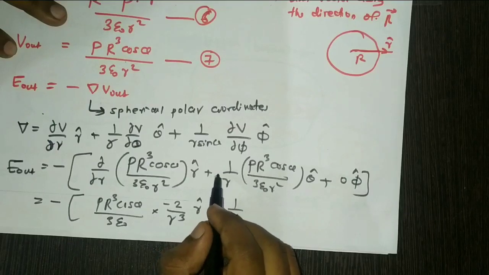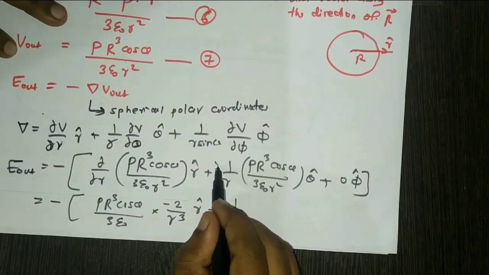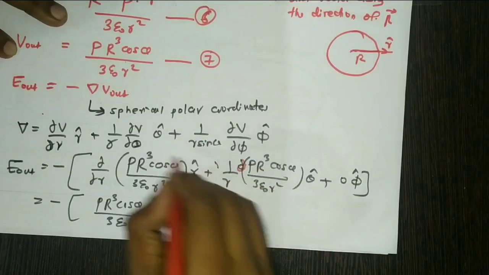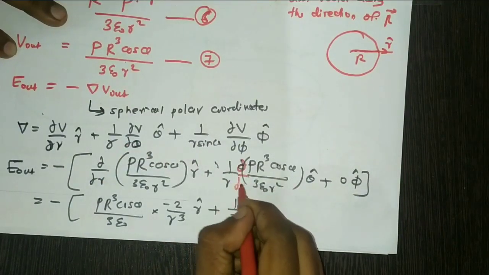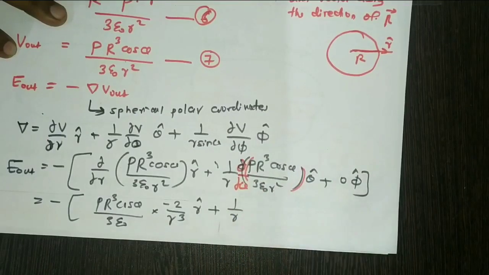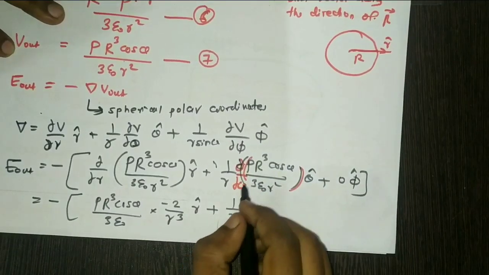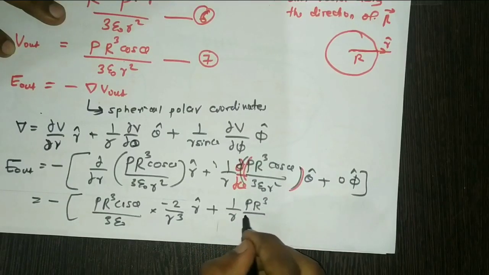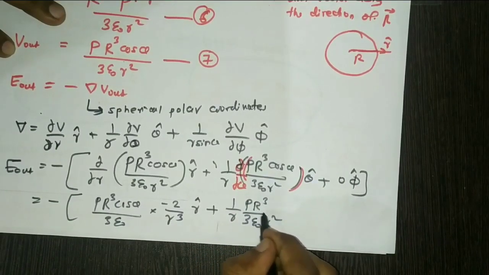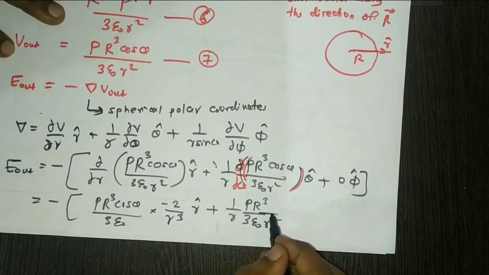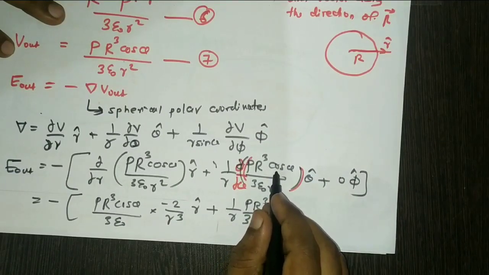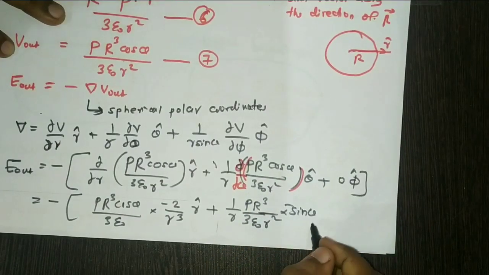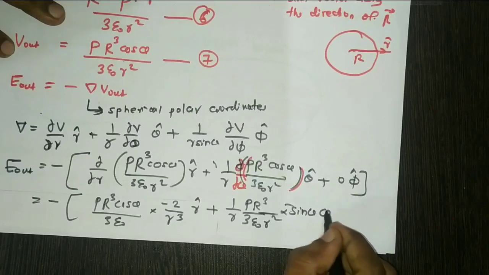Oh, here I missed it. Here this dou by dou theta is there. That is P R cube divided by 3 epsilon 0 R square is common. It's constant, take it outside. Derivative of cos theta with respect to theta is minus sin theta, theta cap.